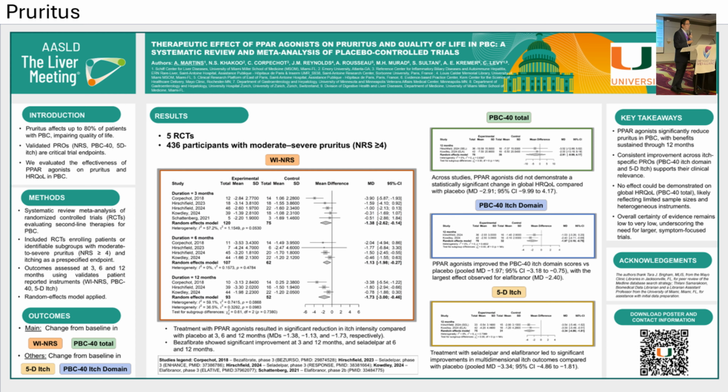Bezafibrate seems to be the most effective and can accomplish pruritus improvement at a 3 to 6 month time mark. Seladelpar, you will start to see its effectiveness at 6 months to 1 year. Elafibranor in this study did not show significant difference.